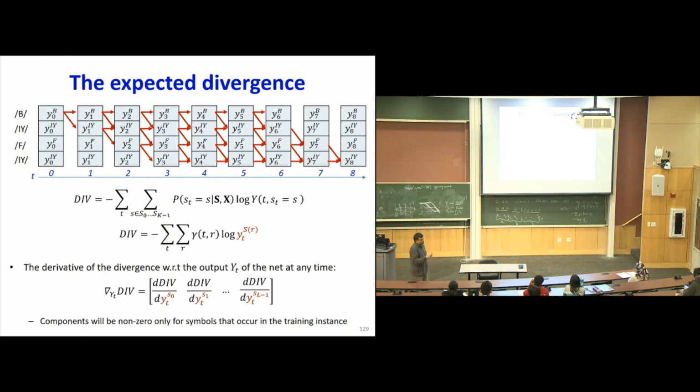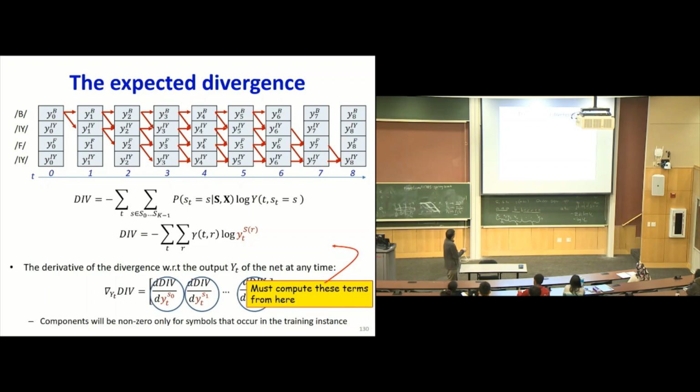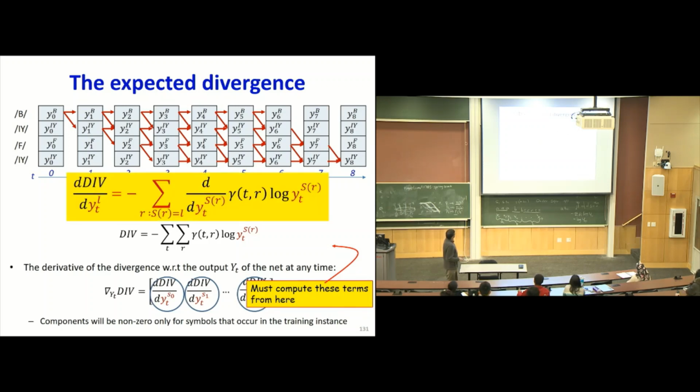So when I'm differentiating the divergence with respect to the outputs of the network at any given time, I'm going to be computing the derivative of the divergence with respect to the probabilities assigned to each symbol at each time, right? And since for any given time I can ignore the summation over time t, I can just focus on this one column, right?